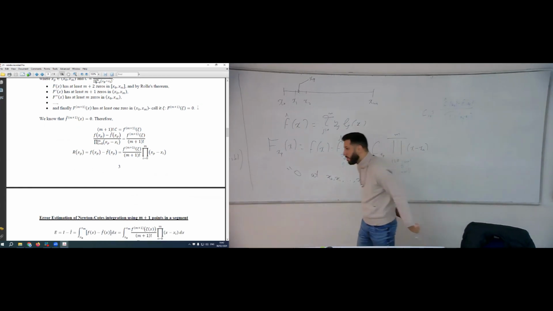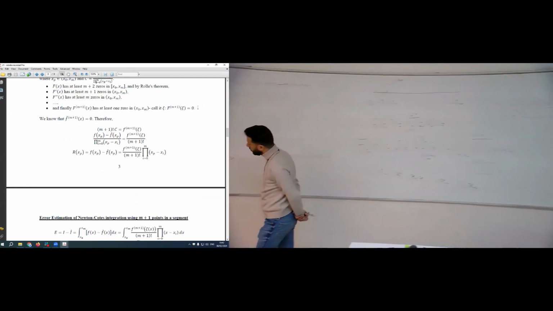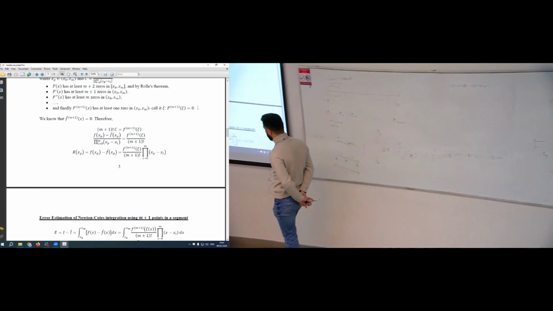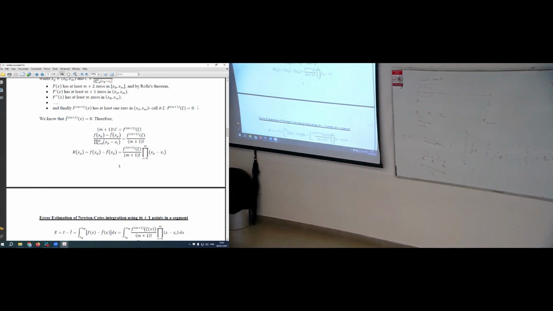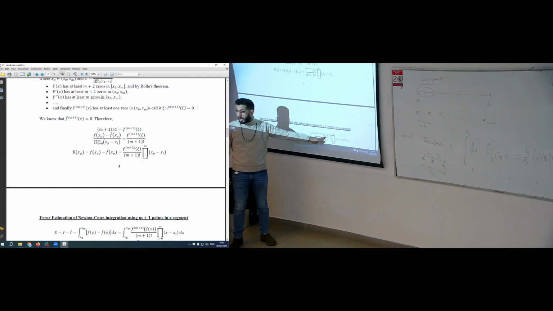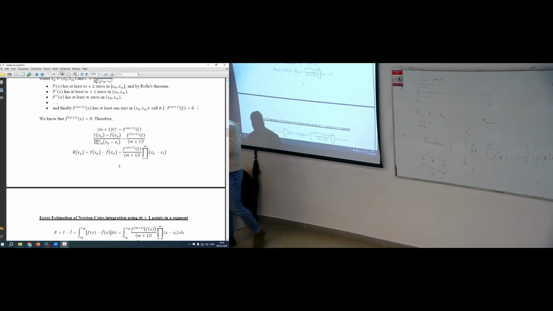The error of the integral is the real integral minus the integral of the interpolated function, which is the integral over this, and we don't forget that this psi depends on x. That's very important.